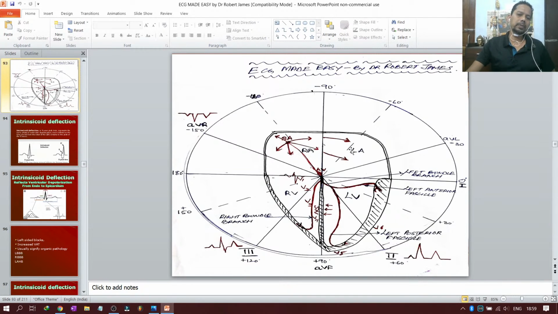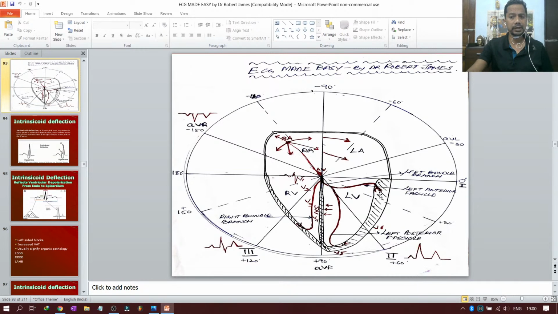Now you must remember this: when the left bundle branch is blocked, the current is traveling from the right ventricle to the left ventricle. So it's a big distance, a lot of bulky muscle has to be crossed, and then the QRS widens. QRS becomes more than 3 small squares. At your level, QRS is more than 3 small squares or less than 3 small squares, that's it. It is from one chamber to the other chamber, so QRS is more than 3 small squares.